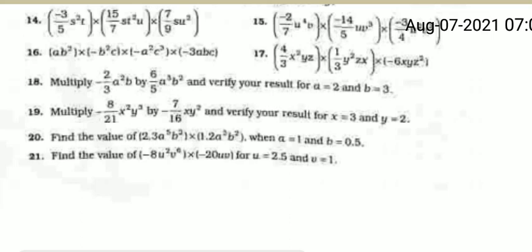Next one, question number 20 and 21 are both the same. Now I am going to show question number 20. Question number 20 tells to find the value of this expression when a equals 1 and b equals 0.5. See question number 20.